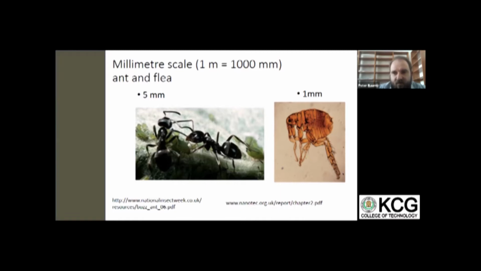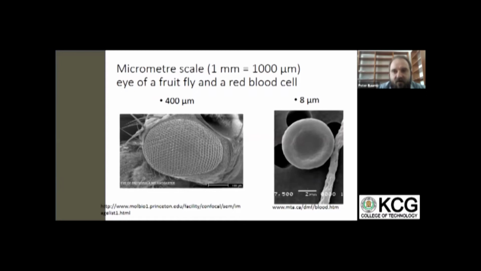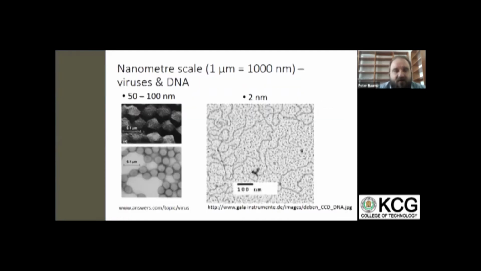It is extremely small, but we can go deeper, to a smaller area, if we use a scanning electron microscope, and we can see the eyes of the flea in the left hand side picture, or we can check the red blood cell, which is 8 micrometer. And this is too big for nanotechnology.